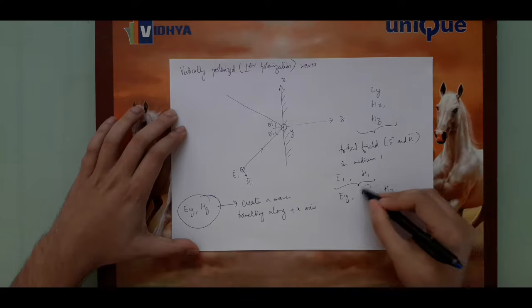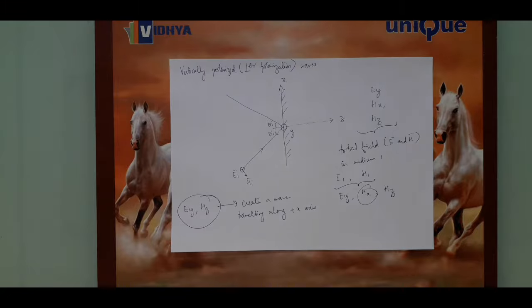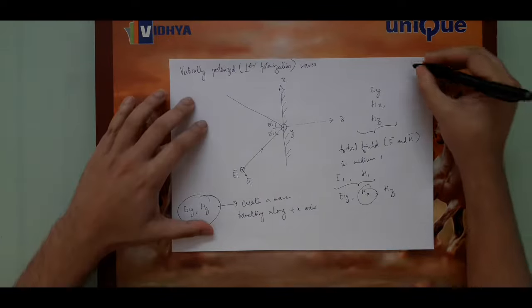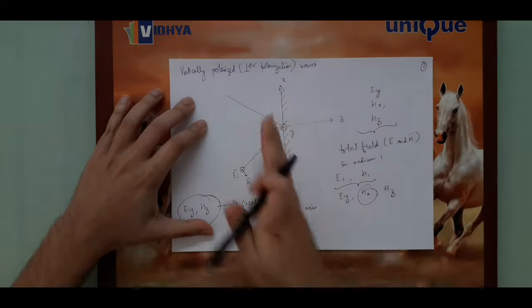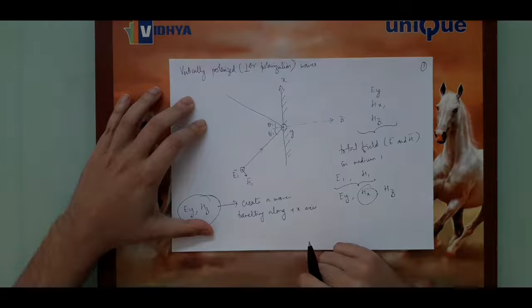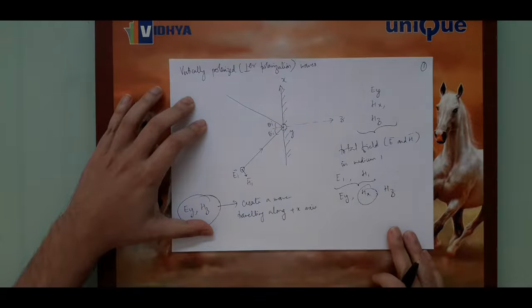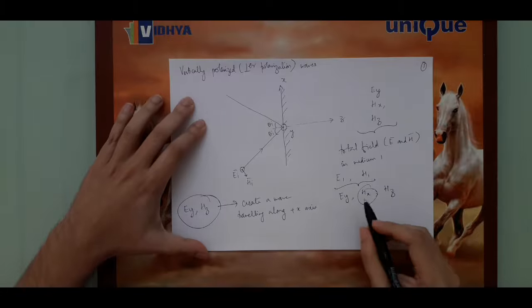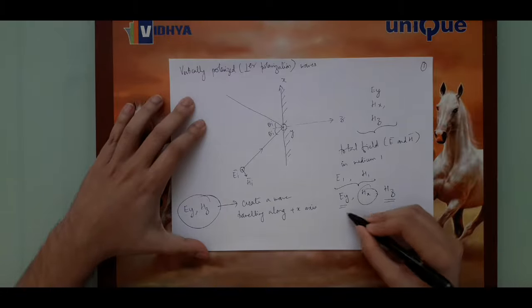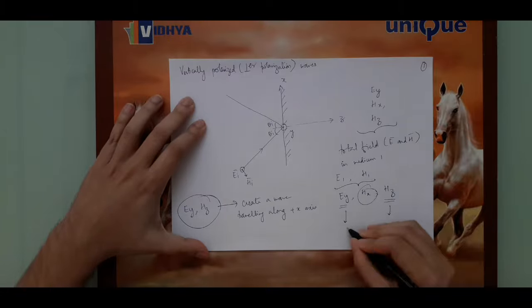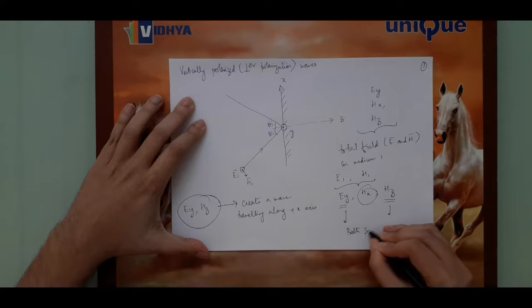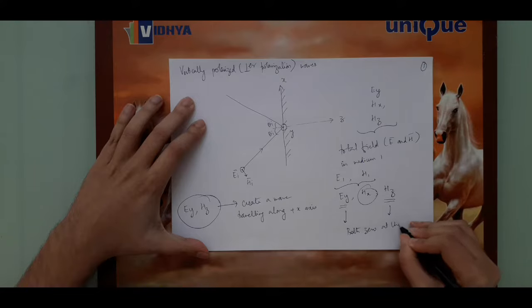So then what about Hx? Hx with respect to the boundary is the tangential magnetic field. So that was non-zero at the boundary. What we saw was Ey and Hz are both 0 at the boundary.